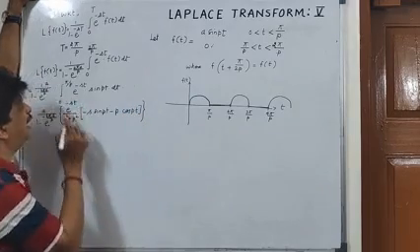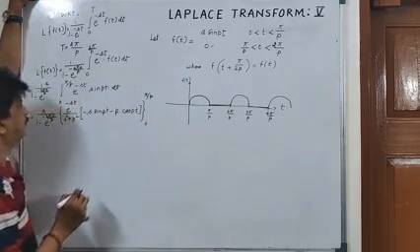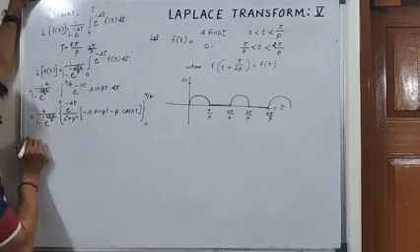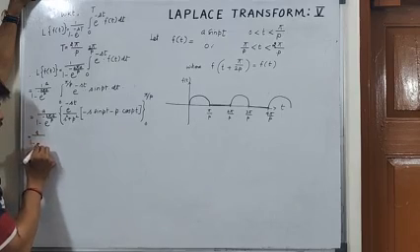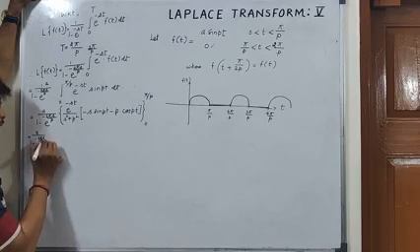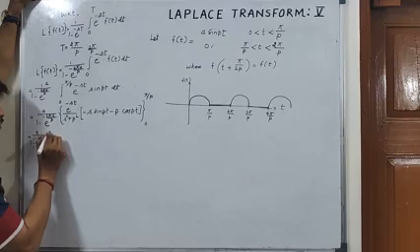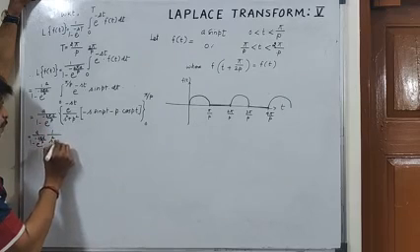Employ the limits of t as 0 to pi by p. That is further equal to a upon 1 minus e raised to power minus 2 pi s upon p times 1 upon s square plus p square.